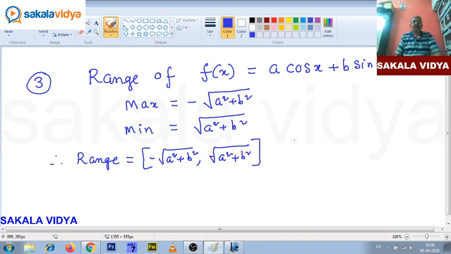For example, if you have it like this, please note down, this is very important. I think you might be noting down.